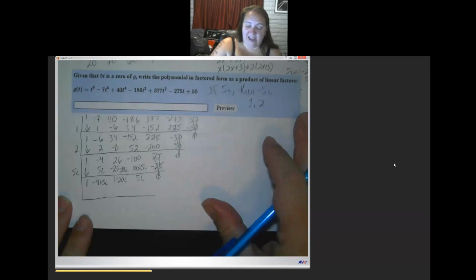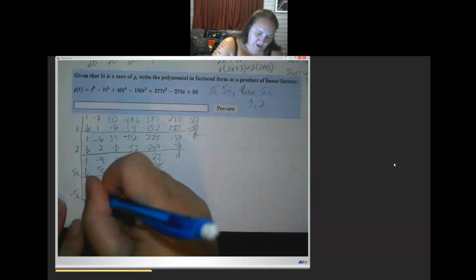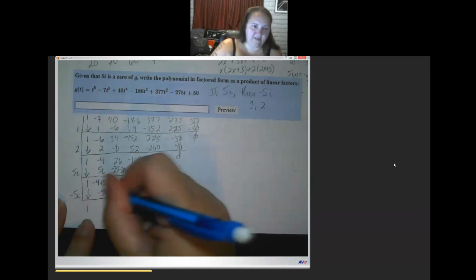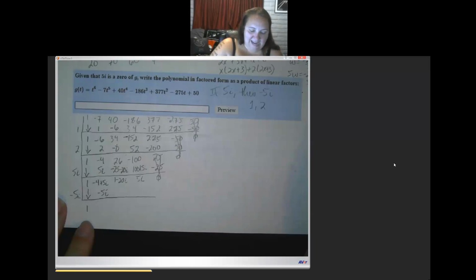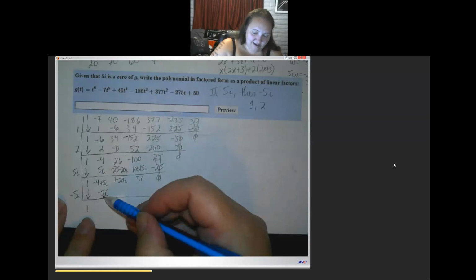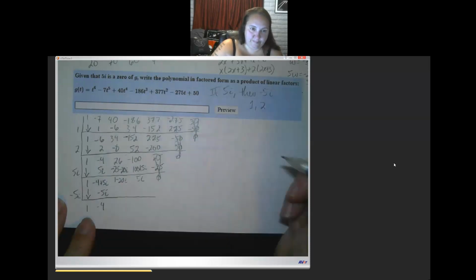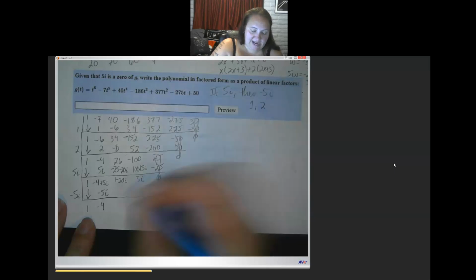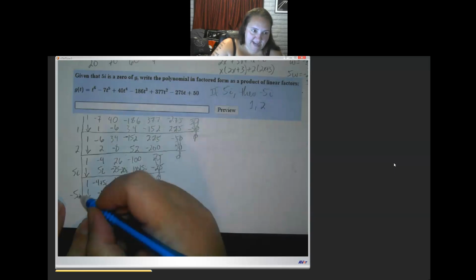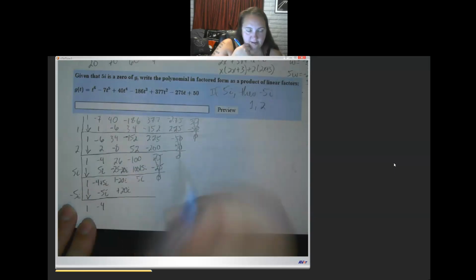And if we have 5i, then we also have negative 5i. So let's do negative 5i next. 1, negative 5i. A negative 4 plus 5i minus 5i is just a negative 4. So then a negative 4 times a negative 5i is a plus 20i.